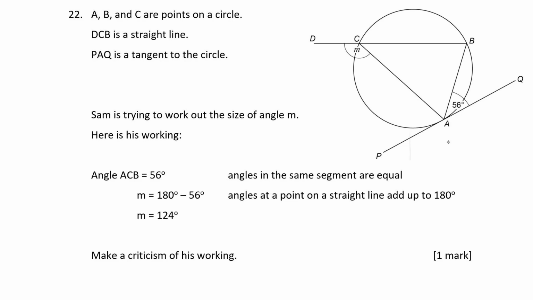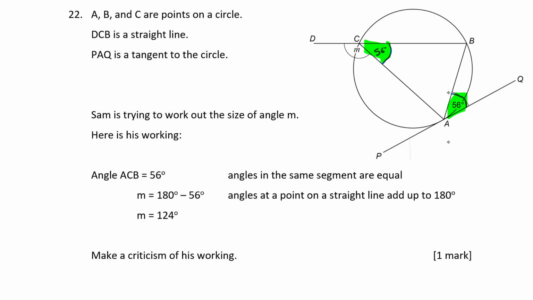Okay. Well, how would I work out this? I would note the fact that that angle down there is 56 and use it to work out this angle up here. Now this angle is also going to be 56 because these two angles, this one here and this one here, are equal because of the alternate segment theorem.